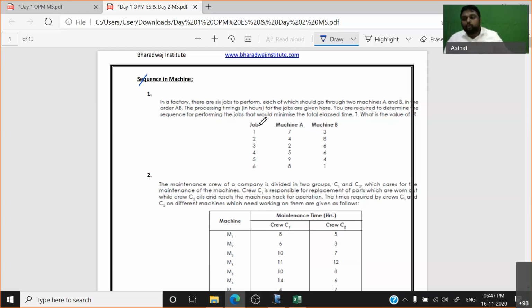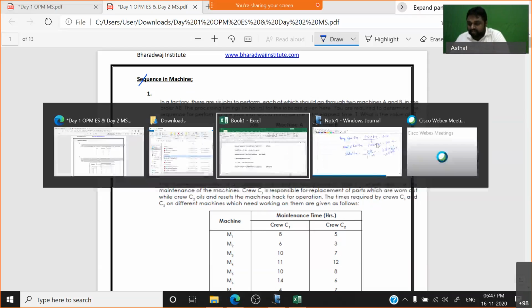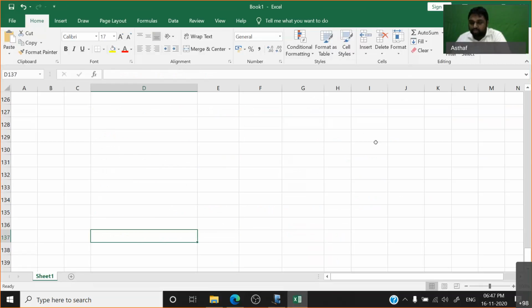You have jobs 1, 2, 3, 5, 6, 7, and machines A and B. So what do we have to do now? We have started discussing the concept for you. First, we have to get the sequence. I will just copy the question into this page for your better understanding.